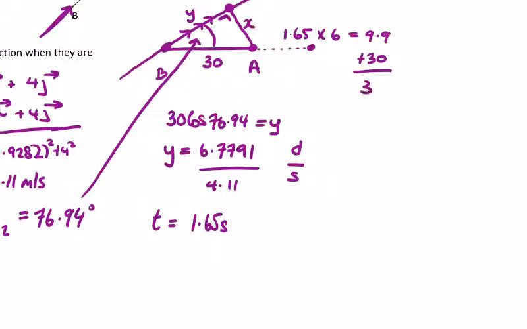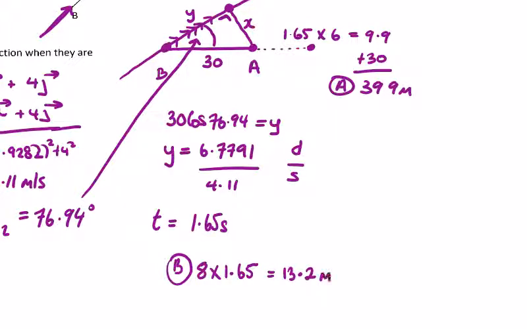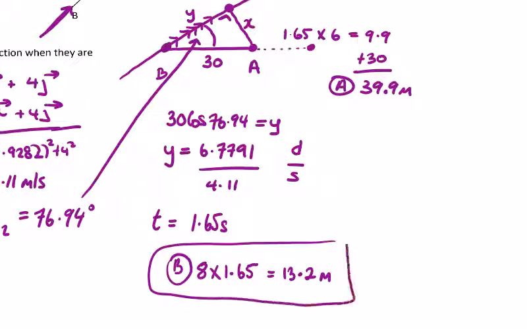So A will be 39.9 meters from the intersection. B is here traveling in this direction. So B is traveling at 8 by 1.65, which is going to give me 13.2 meters from the intersection. So these are my two answers.